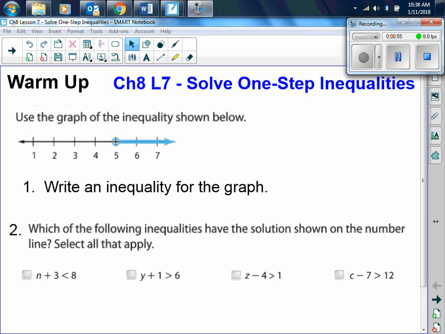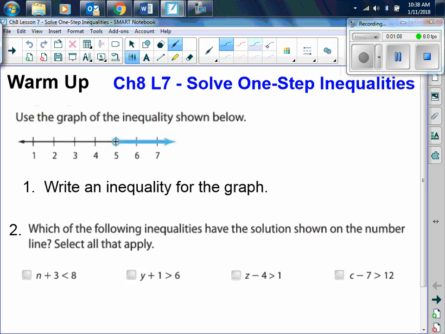Greater than what? What's the important number? 5. So it's going to be greater than 5. Is everybody with me? Now, you can use whatever variable you want. So, we've got, let's just use x, is greater than 5.